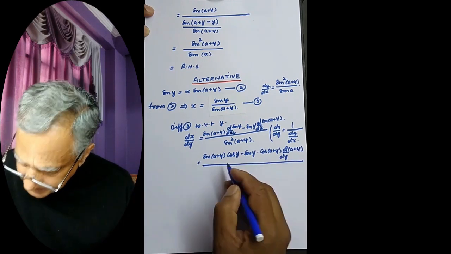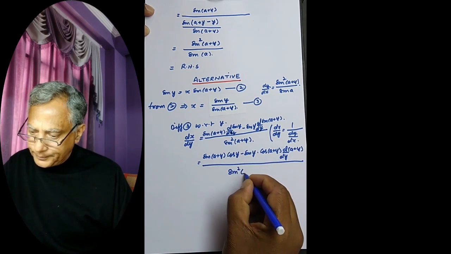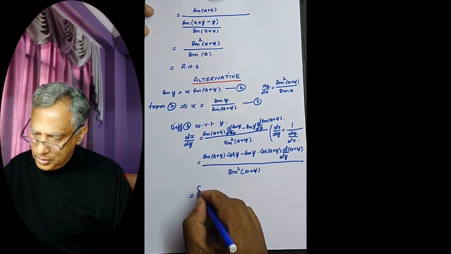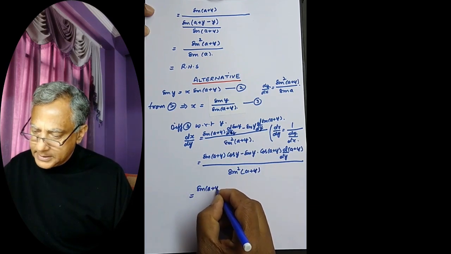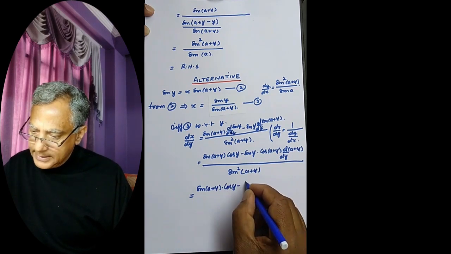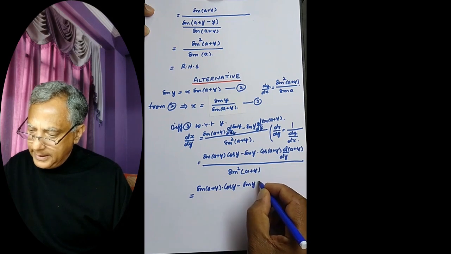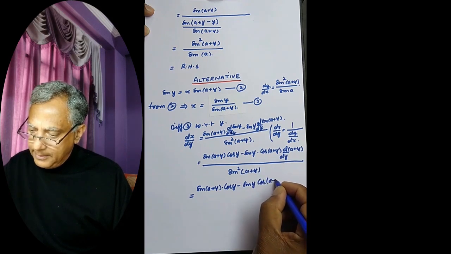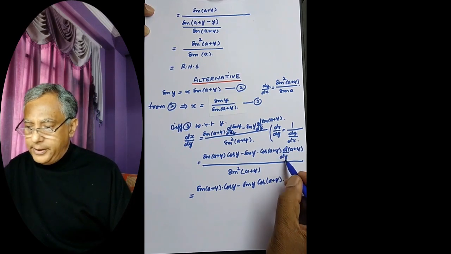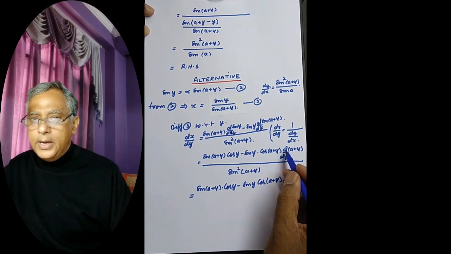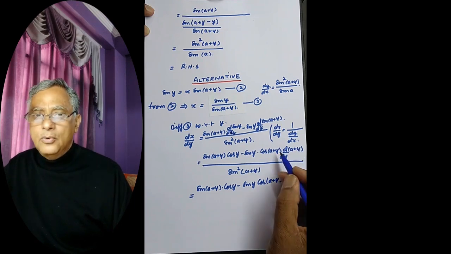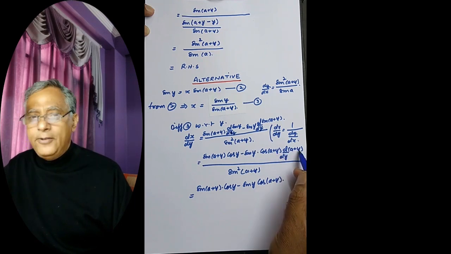So this is equal to sine of a plus y into cos y minus sine y into cos of a plus y into, now d by dy of constant is 0 and d by dy of y will be 1. d by dx of x is 1, so d by dy of y will be 1.